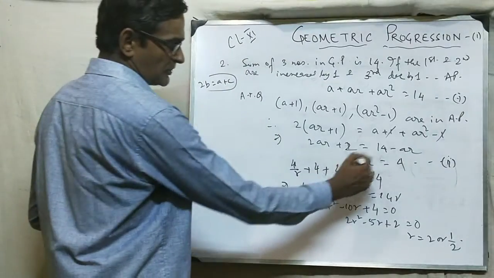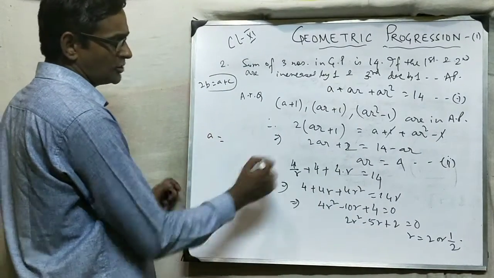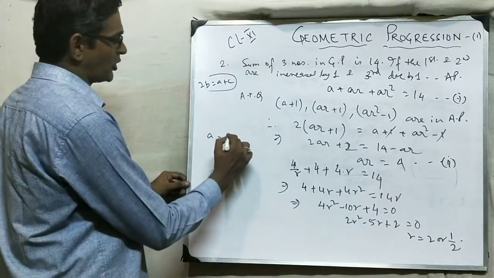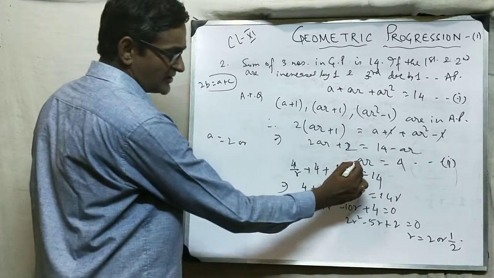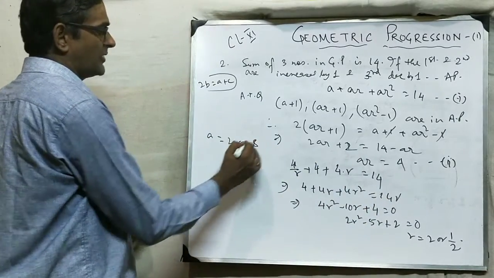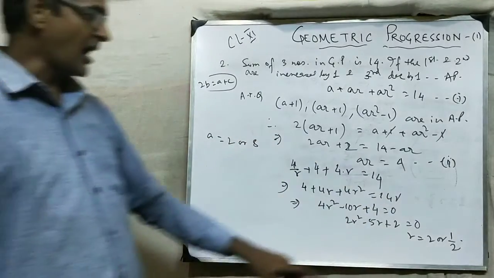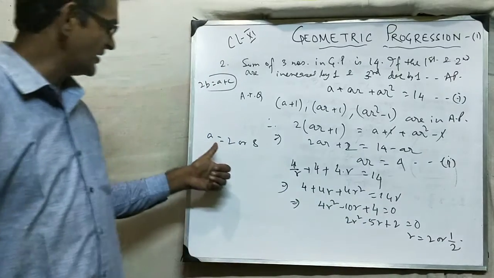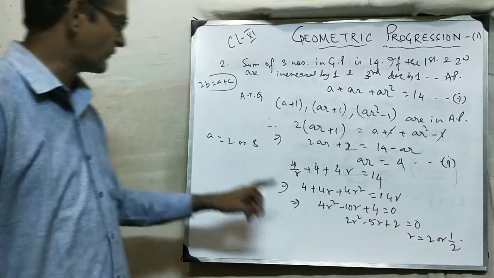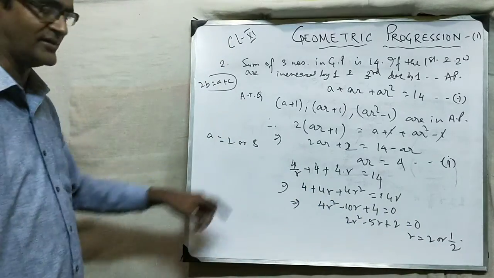From equation 2 we get A equal to what? Suppose I put R equal to 2, so it will become 4 by 2, that is 2. If I take R equal to half, then 4 into 2 is 8. So if I am taking R equal to 2, then I am getting the value of A as 2. Or if I am taking R equal to half, I am getting A equal to 8.